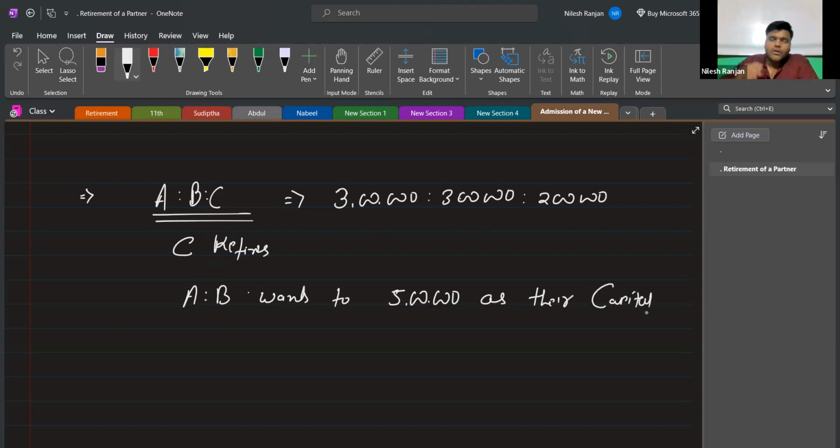In this situation, if the profit sharing ratio is 3:2:1, can you tell me what will be the new capital of A and B? Is it 2 lakh, 2 lakh, 1 lakh?